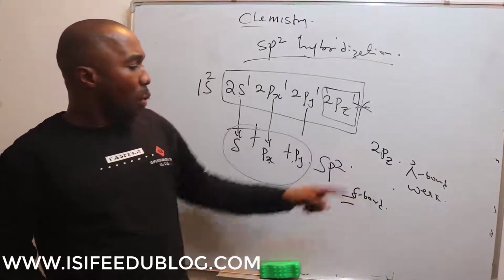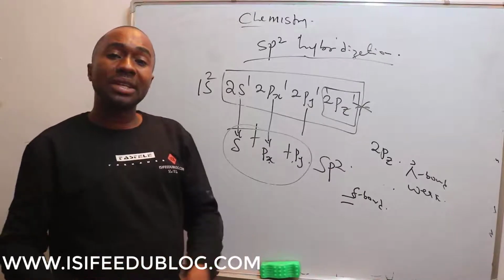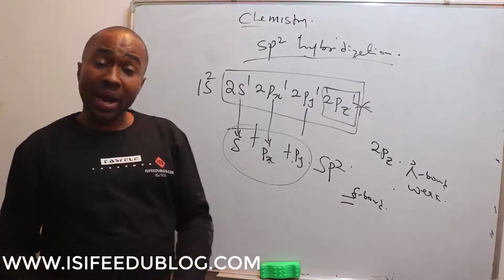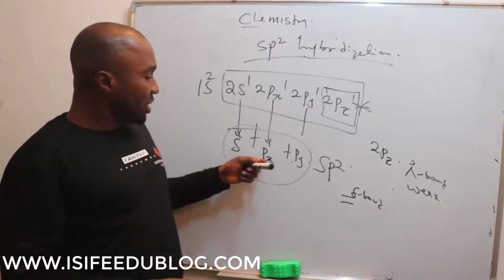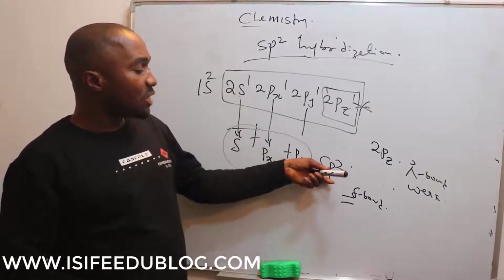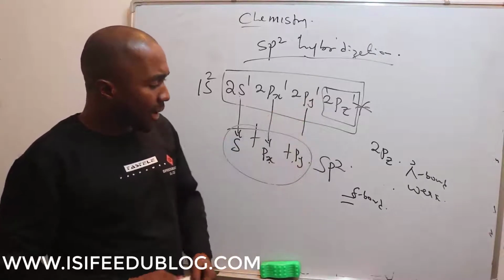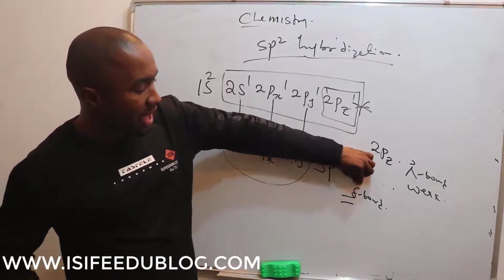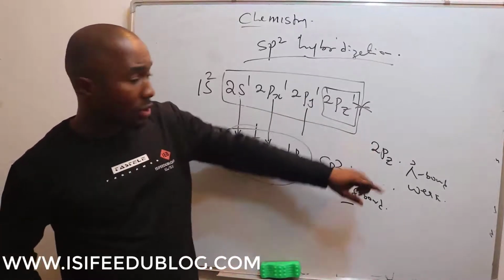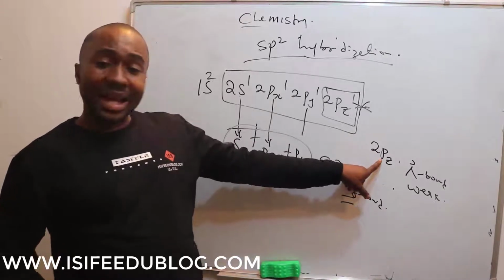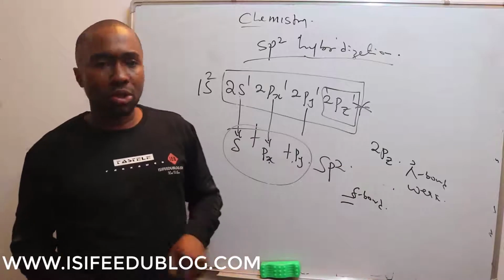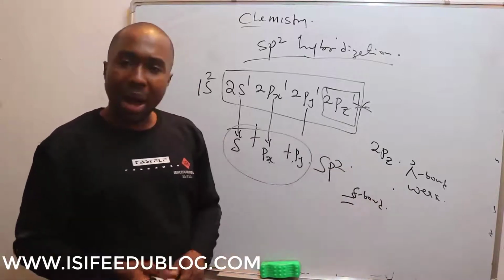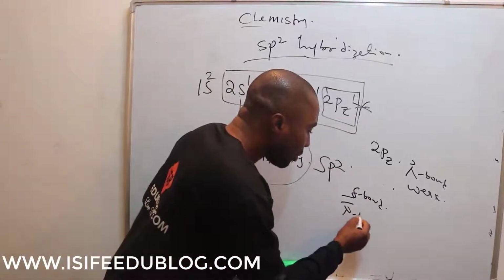When you have a mixture of different things, it will be stronger than when you have only one thing forming something. So the mix forms the SP2 hybrid orbital, and the bond generated is the sigma bond. Then the 2pz forming a bond on its own forms a weak bond, and the name of that weak bond is a pi bond.